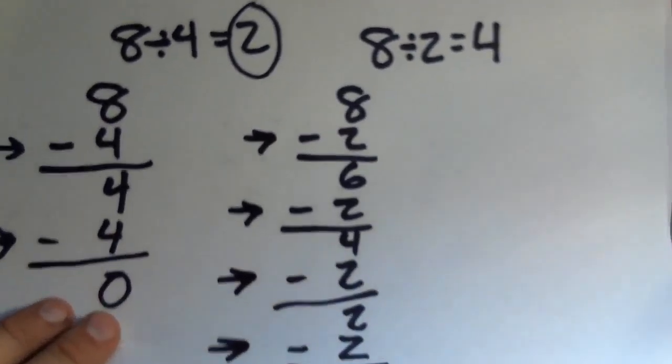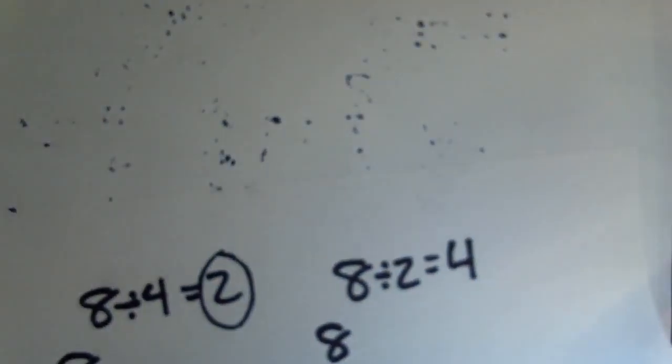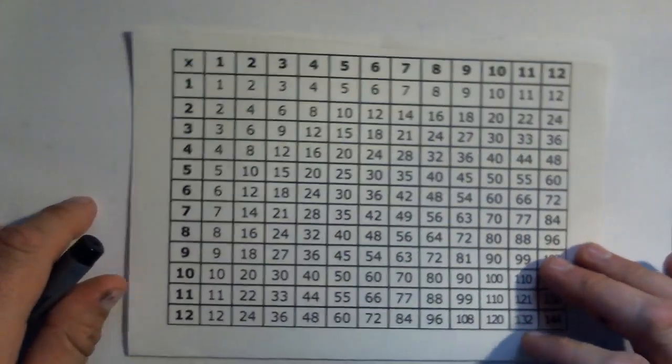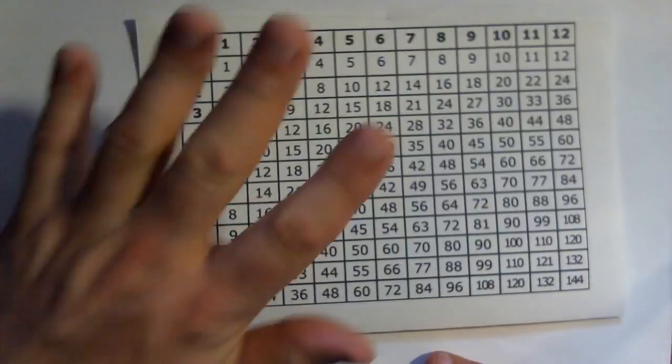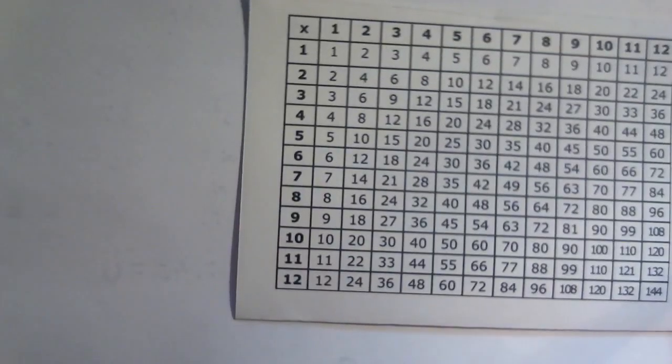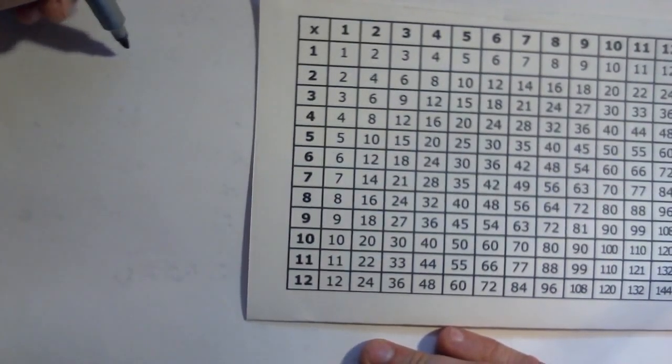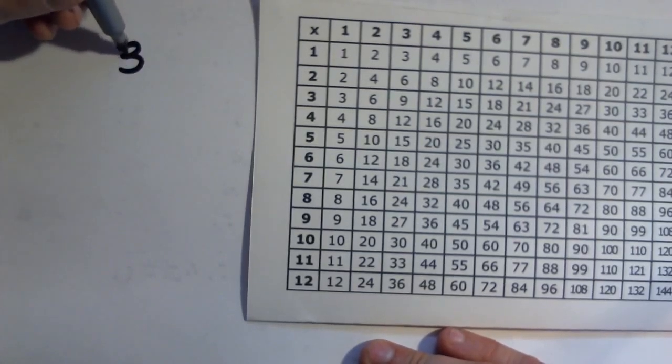Okay, so how do we work these things out? Well, let's check it out. If we have our times table, this is a big help for us. So let's say I have 3, or no, let's not go with 3.